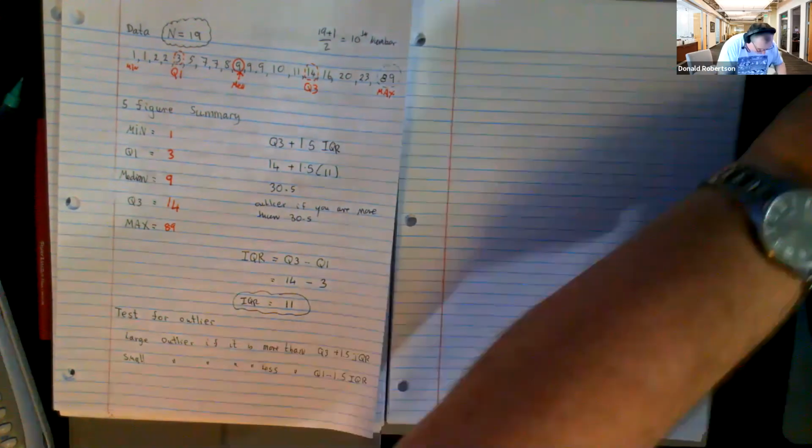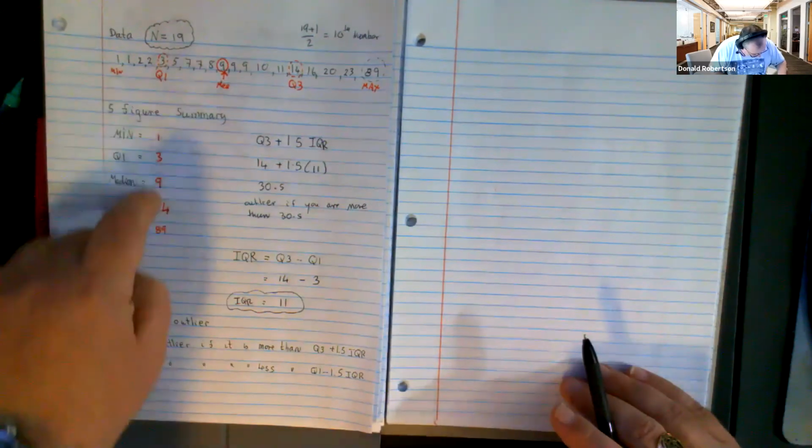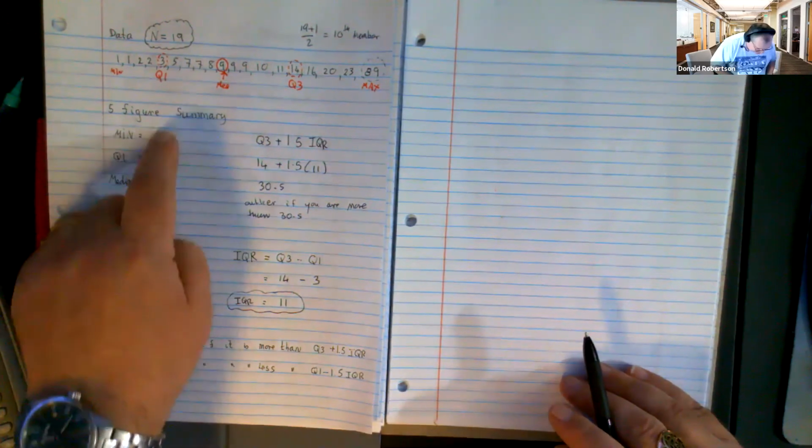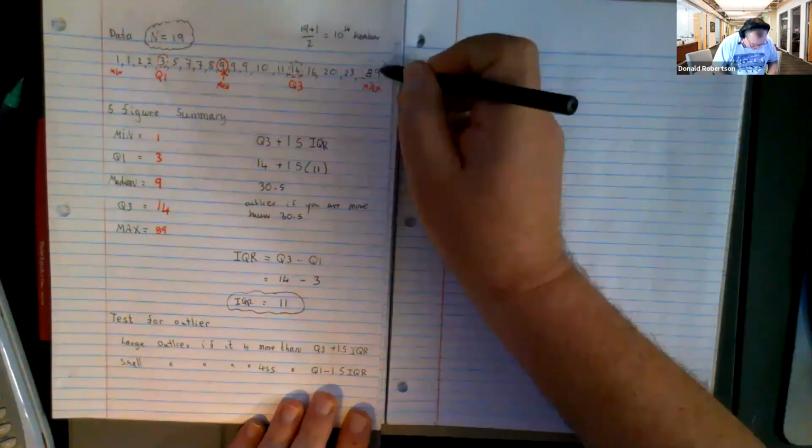Now, what am I going to do? Well, I'm going to do a box plot of this data. But when there is an outlier, we change the box plot.